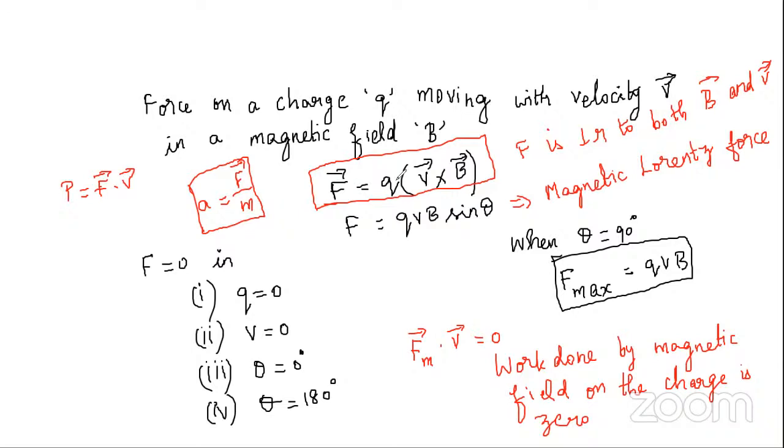Next, we will be discussing the concept of the motion of a charge projected perpendicular to magnetic field. This is the next concept which we are going to discuss now.